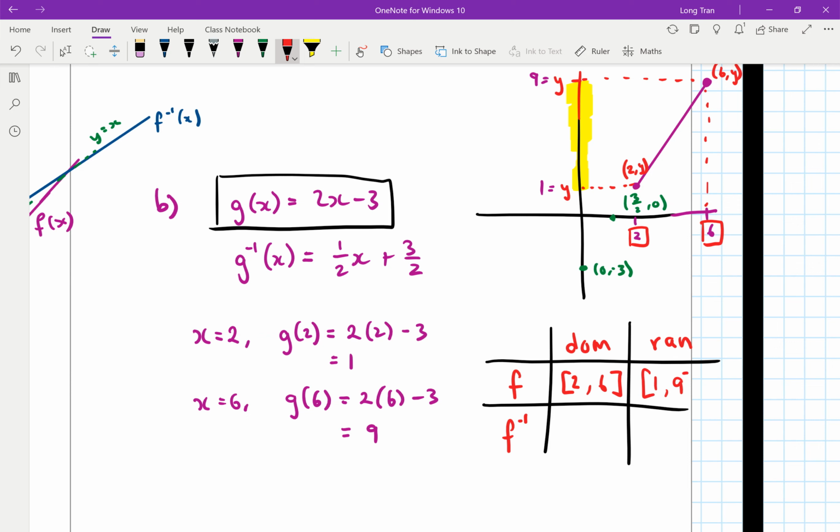Now, based on the property of inverse functions, the range of the inverse will become 2 to 6, because the domain of the function is the range of the inverse. And then similarly, the domain of the inverse would be 1 to 9. So just to remind you, this becomes this, and then 1 to 9 becomes this.